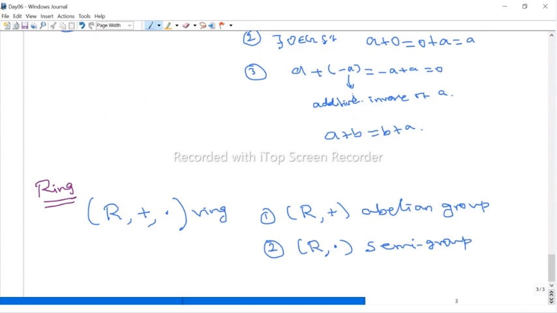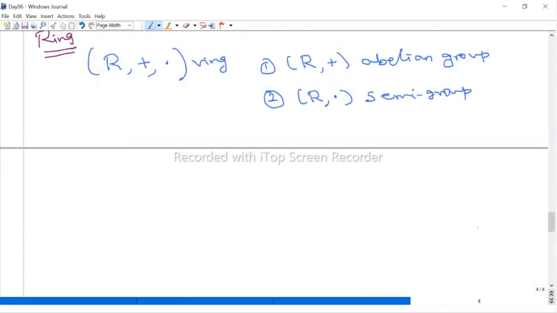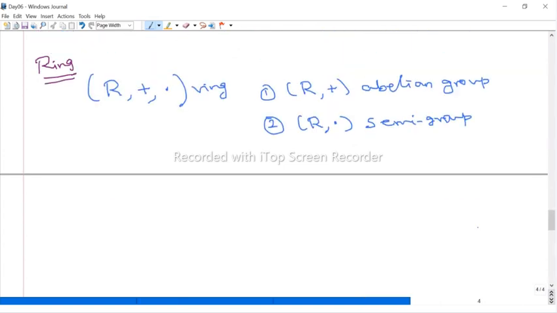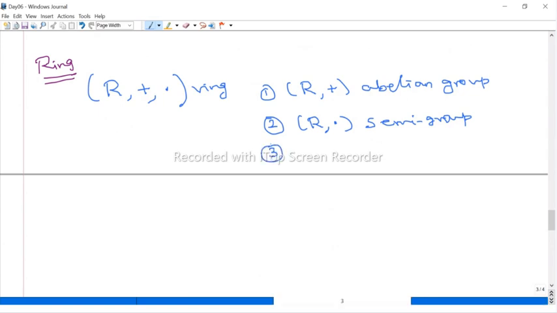Semigroup means (A times B) times C equals A times (B times C), satisfying only the associative property. That is the second thing: the set with respect to multiplication forms a semigroup. And the third one is the distributive laws.